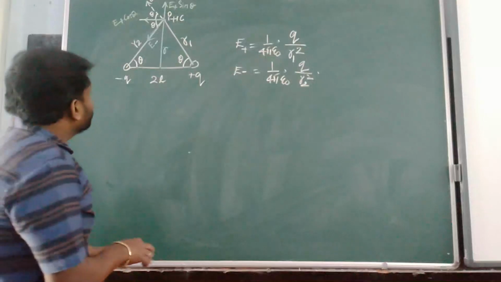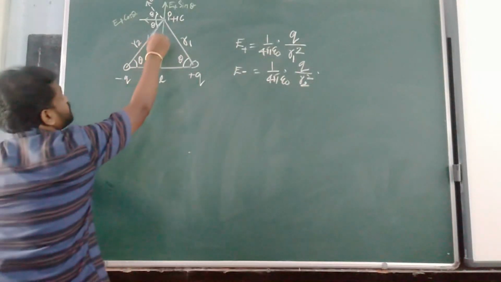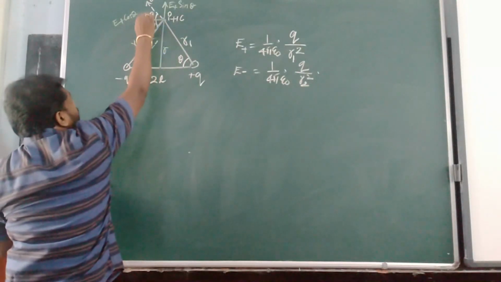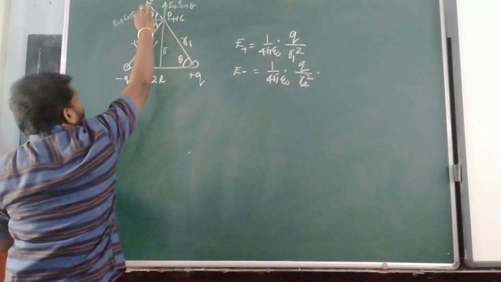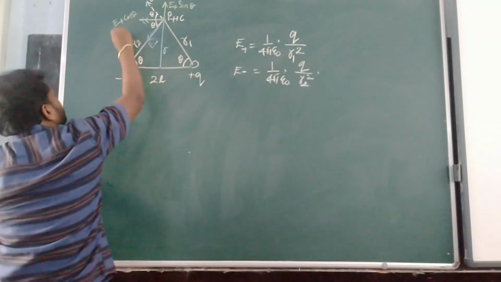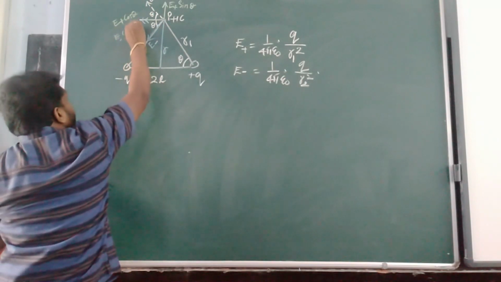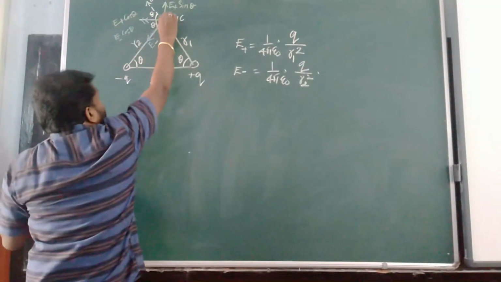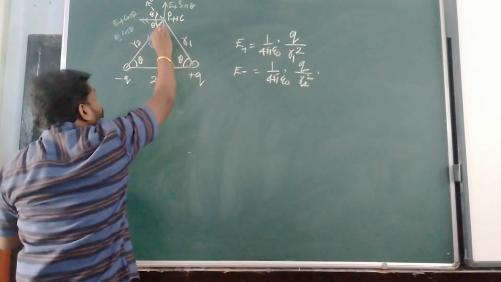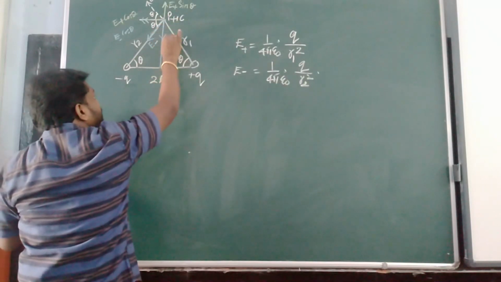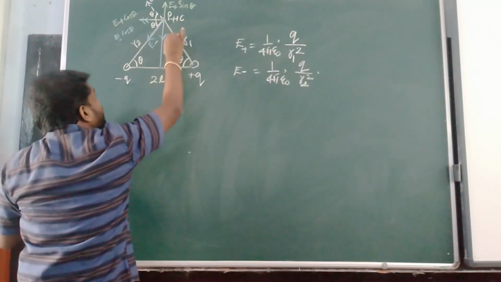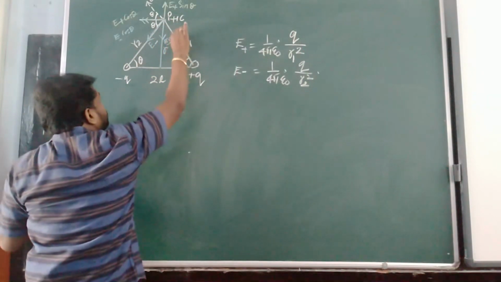Similarly, E minus should be split into two components: one along the same horizontal, that is E minus cos theta, and another acting vertically downwards, that is E minus sin theta.